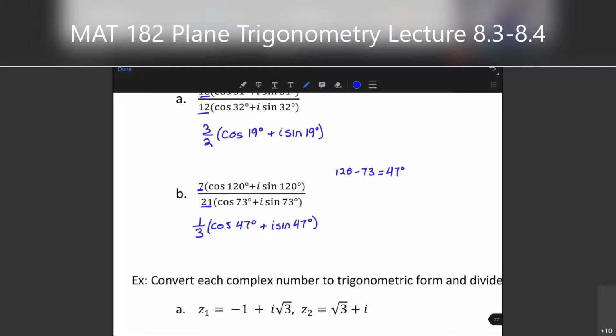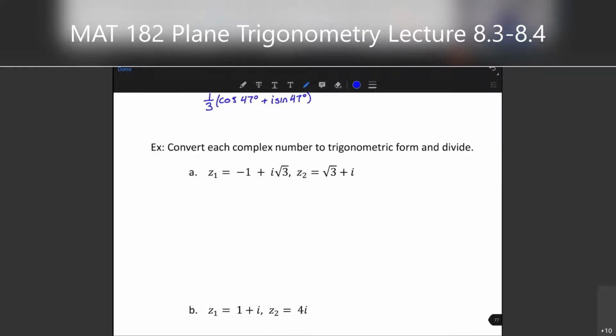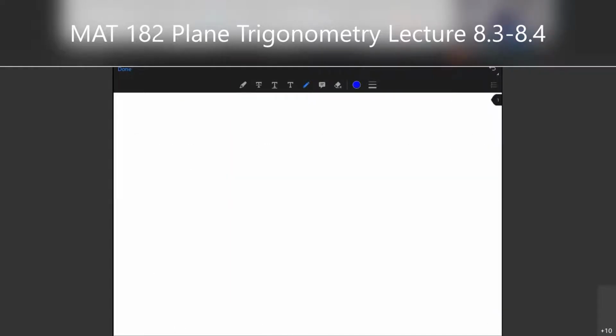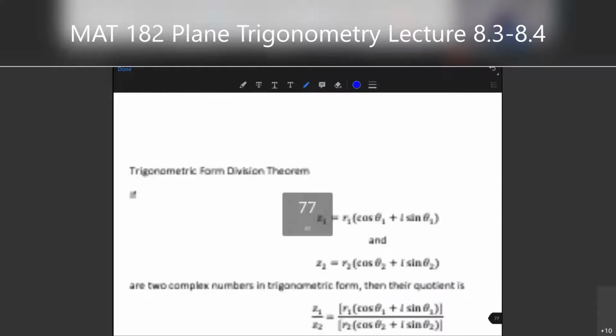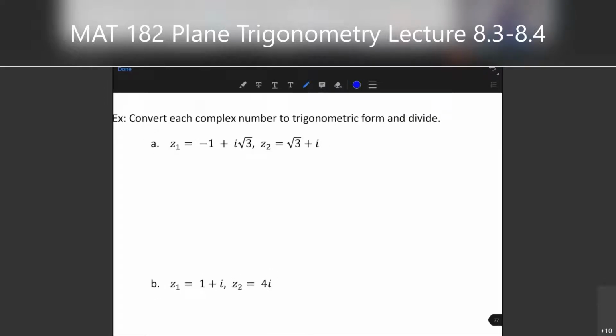I'm actually going to just go for keeping in standard form here, just to give you guys exposure to this technique. And maybe we'll do the conversion for part B, and we'll just do the straight division for A.